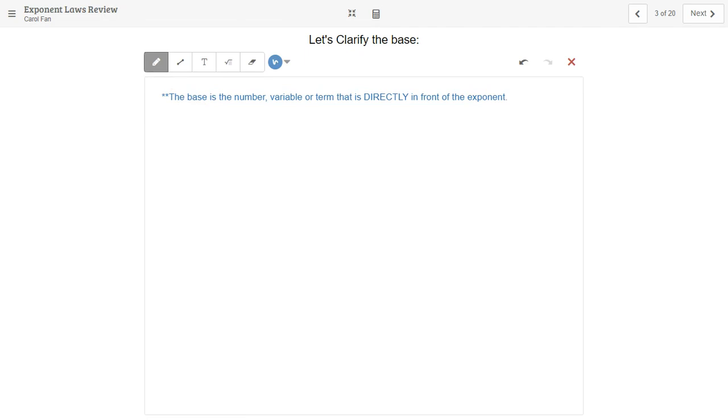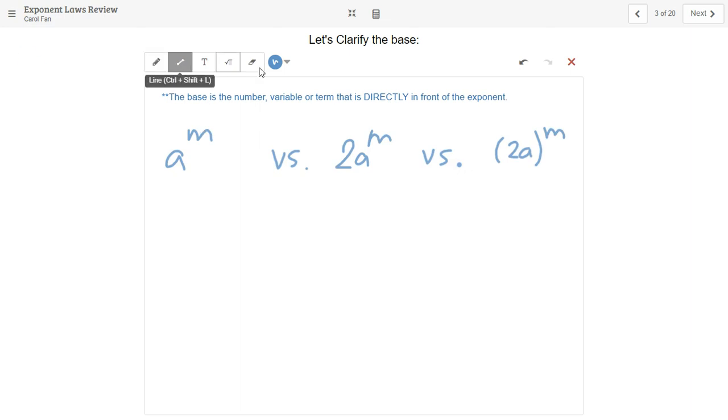Let's look at this. So let's say I had a to the power of m versus 2a to the power of m versus bracket 2a to the power of m. So in the first one, the thing that is directly in front is the a.